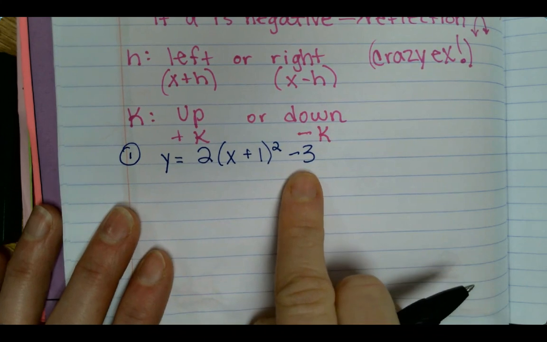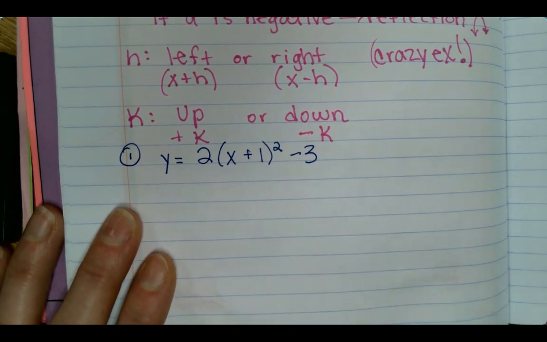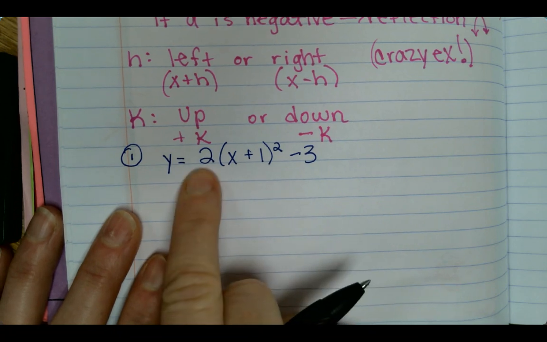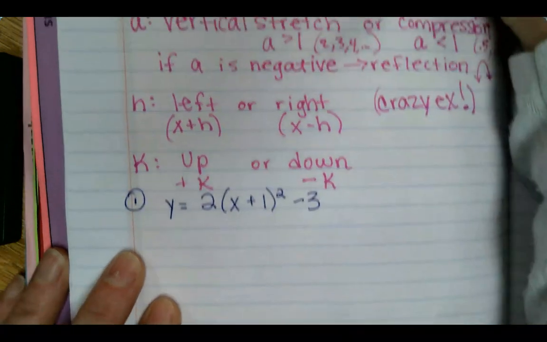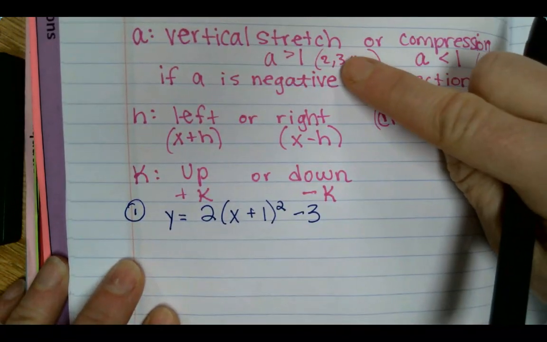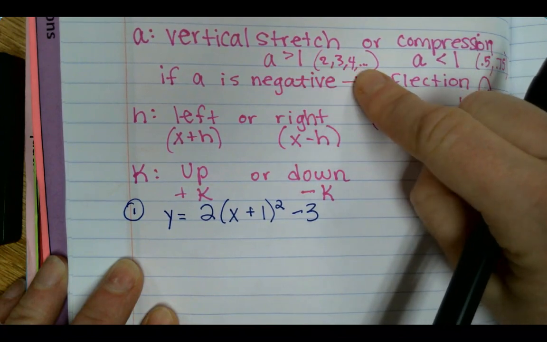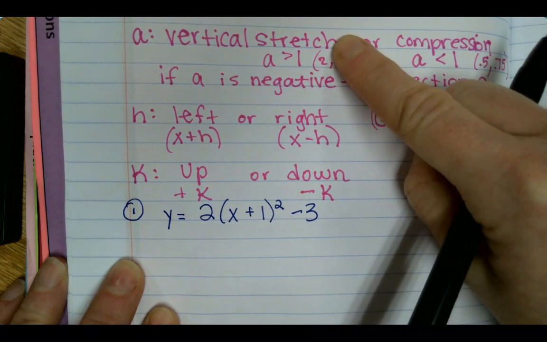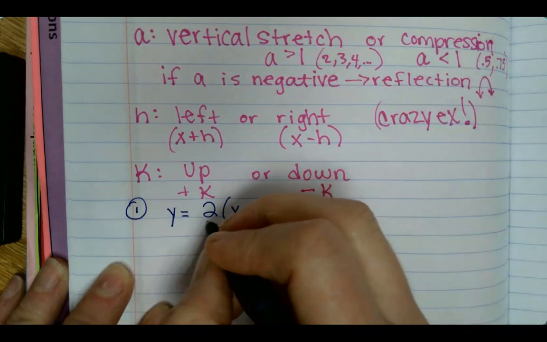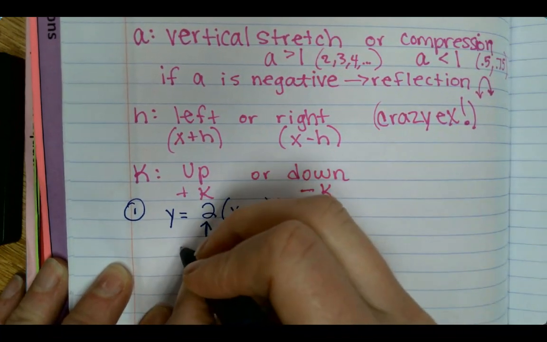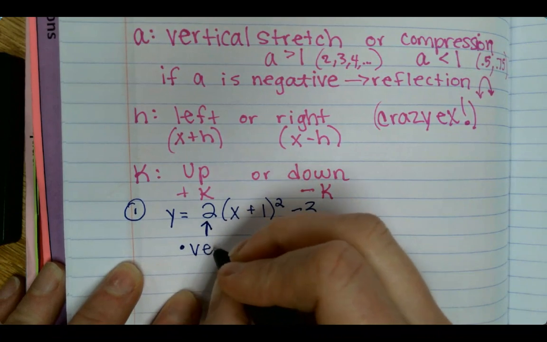So we're going to come up with all the different transformations. So we look at the first number that's out front of the x squared, or the x, so 2. So if you look back up here, 2 is the A. A is greater than 1, 2, 3, 4, so on. It's a vertical stretch. I'm going to point to it, put a little dot, and put vertical stretch.